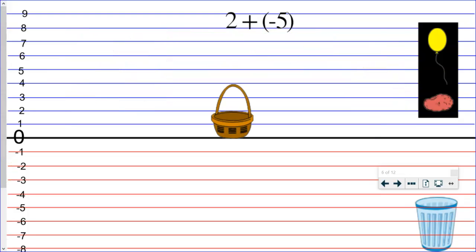Okay. 2 plus a negative 5 with your groups. Ready, set, go. 2 plus a negative 5 means I am starting with 2 balloons. To that basket, I am going to be adding 5 of something. 5 of what exactly?